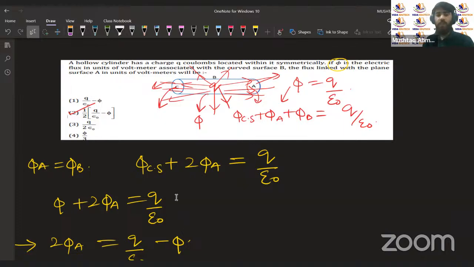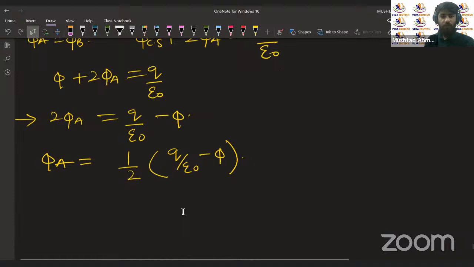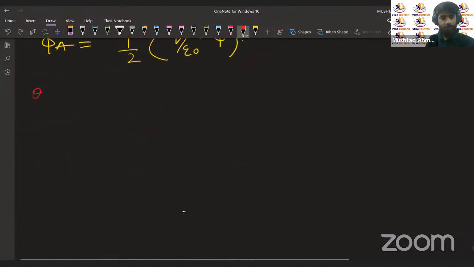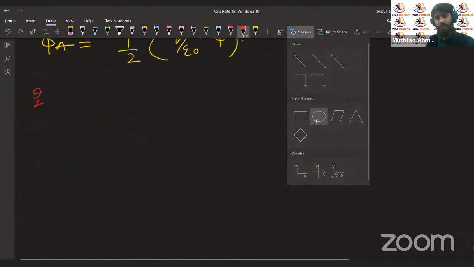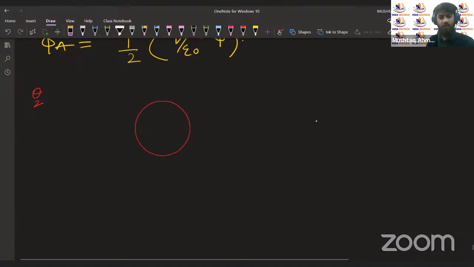Let's suppose there's a question like this. Suppose that this is a sphere, or any closed surface. Let me take a sphere, right? Let's suppose that I'm placing a dipole.